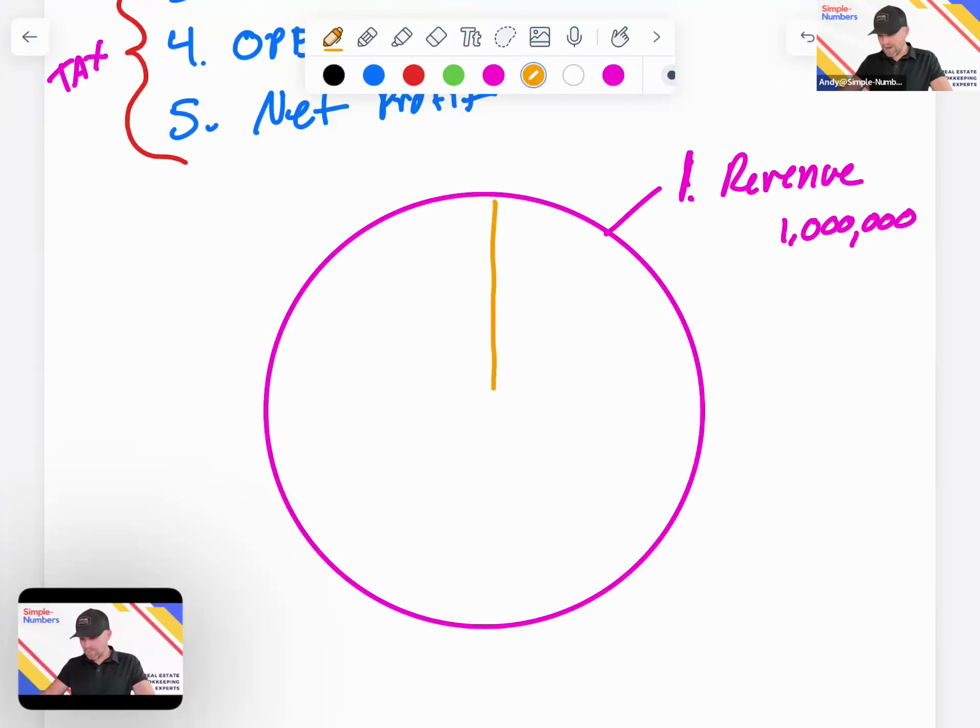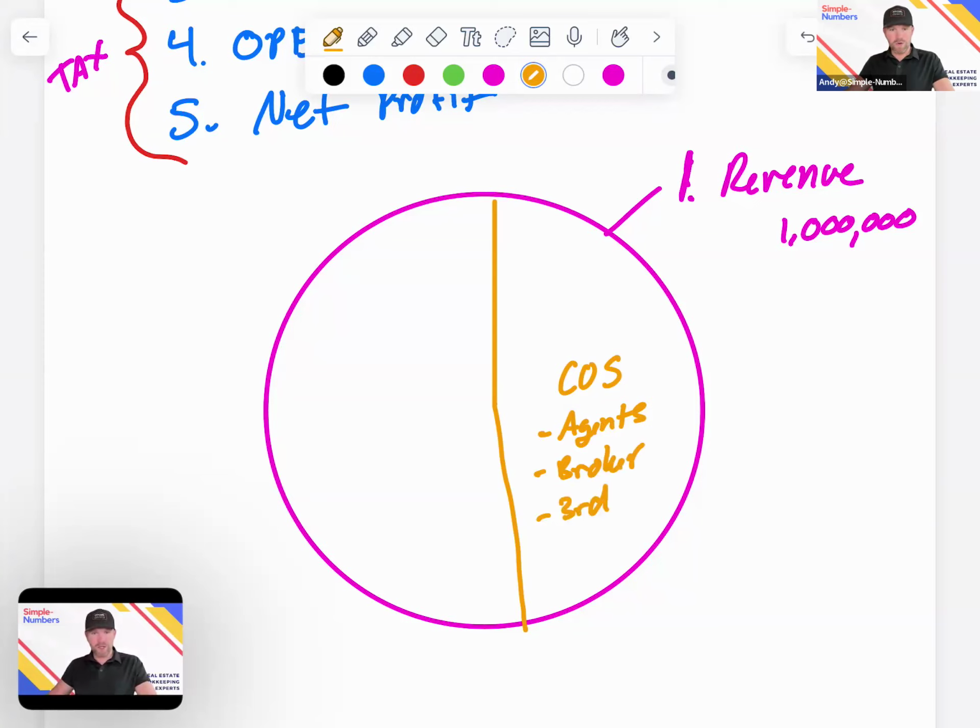That's going to be the amount that got paid out to the agents, the broker, maybe third-party referral sources like Zillow or others that you might be spending money on. That's all your cost of sale. And so what's left then is your gross profit.